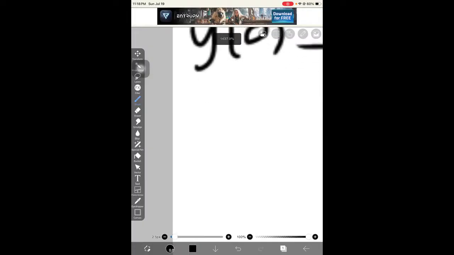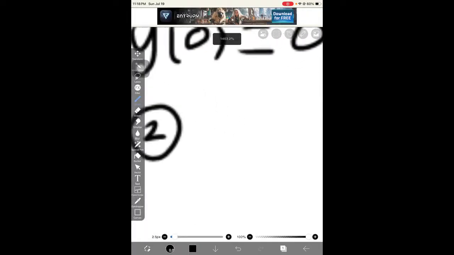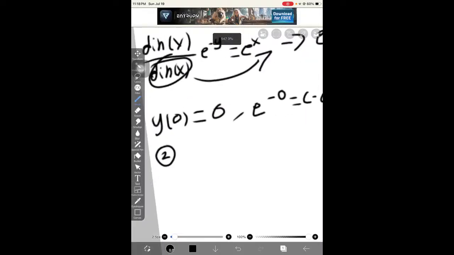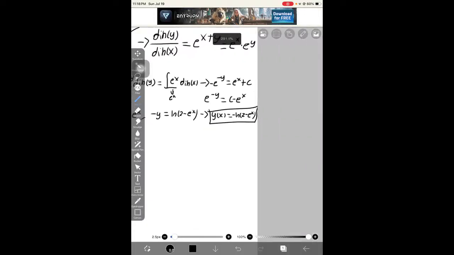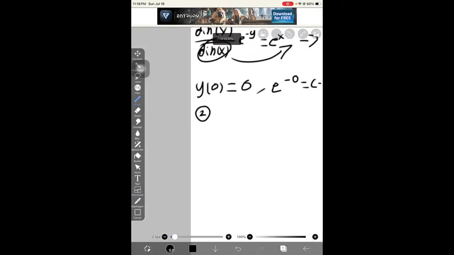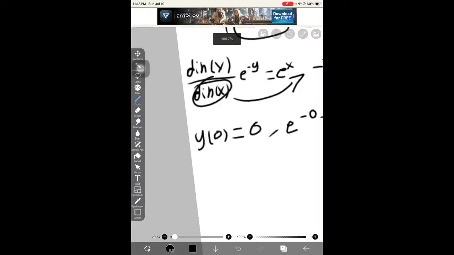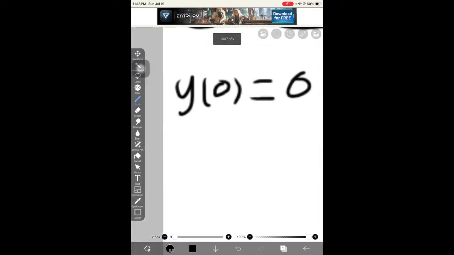So question number two in our daily differential equation. Oh wait, we forgot something in our solution. They were asking for y of -1.